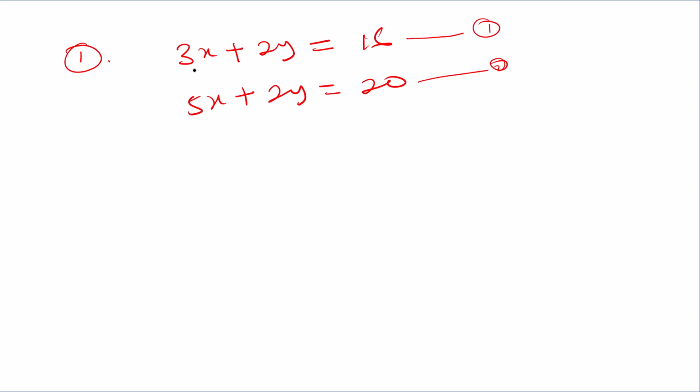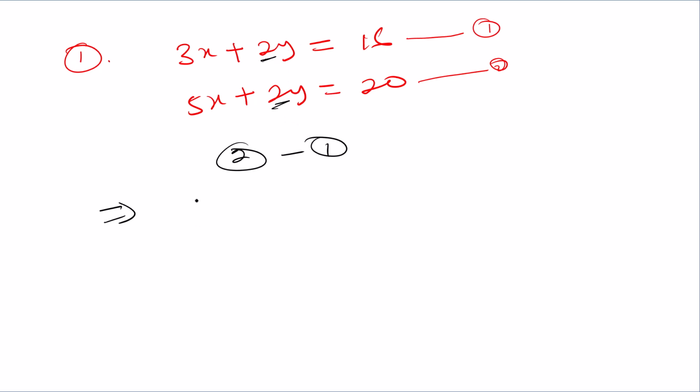Student A can say, I want to remove x, while somebody else can say, I want to remove y. Observe the coefficient of y here: we have 2 here and 2 there. So you shouldn't think of anything, just go ahead and remove y. We can subtract either equation and we get the same thing. So let's subtract equation 1 from equation 2. Since the coefficients are equal, the y will vanish.